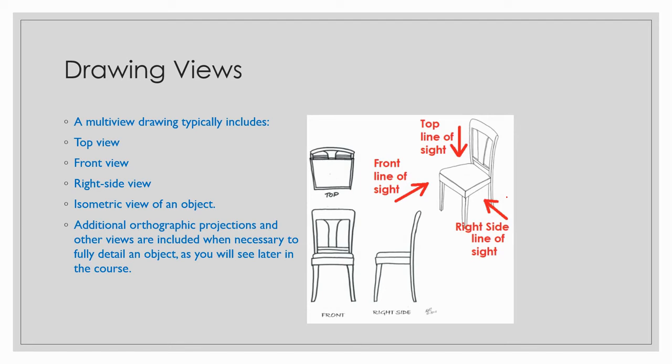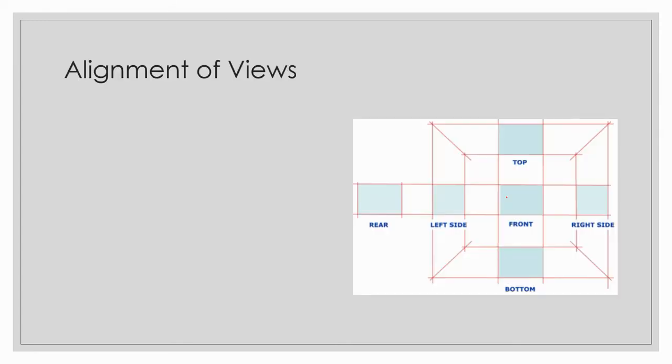And as we're looking at it from our line of sight, these arrows indicate the direction that we would be viewing it from. And so that's how we establish the front, top, and right side of the object. So the alignment of our views, here we have the front view, top view, bottom, right side, left side, and rear.